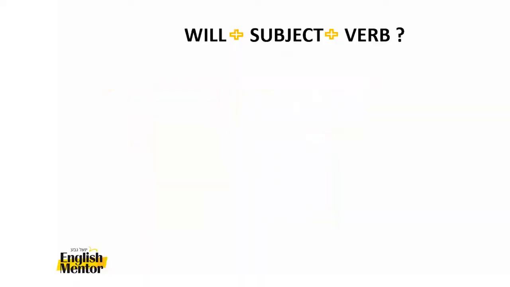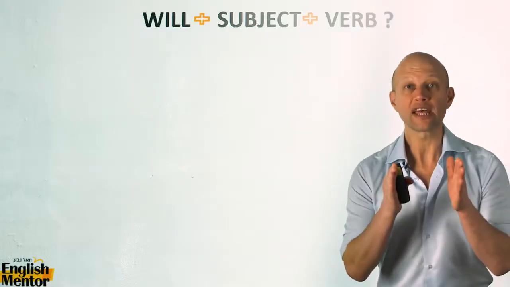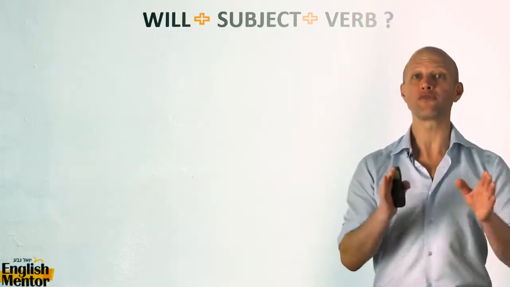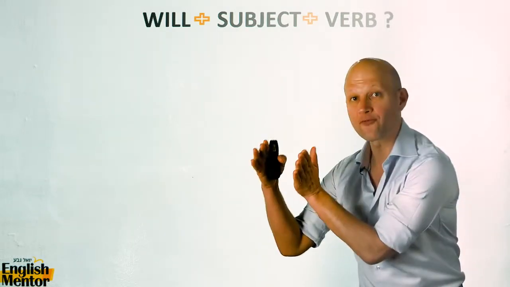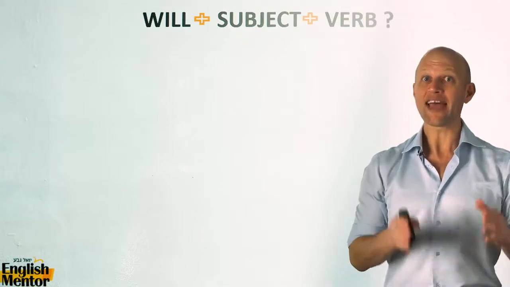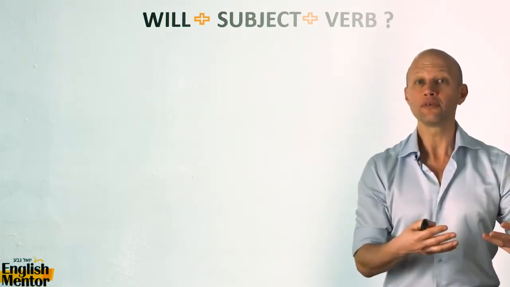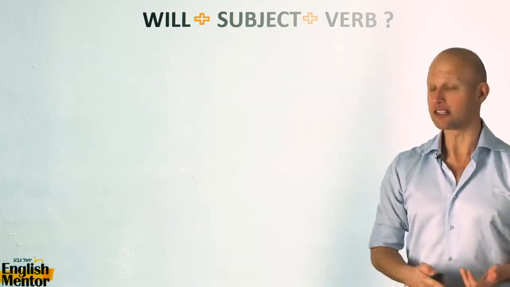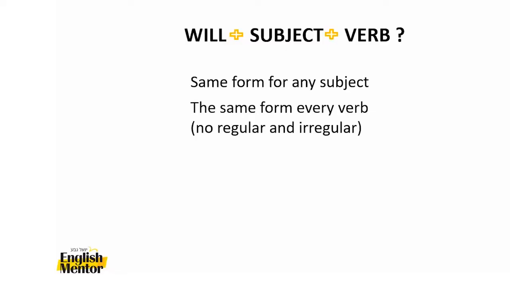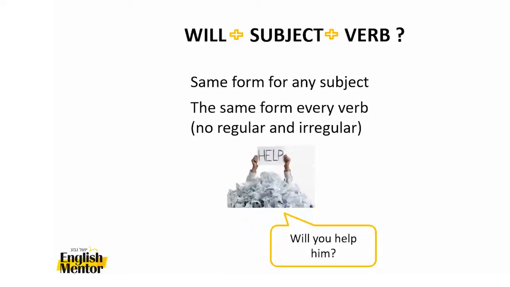Now, what do we do when we ask questions about the future? We use the helping verb in the same way we've learned up until now. We take the helping verb will and we put it in front of the subject. And then we use the verb in its basic form, whether it's regular or irregular. It doesn't matter. And I'll show you an example.